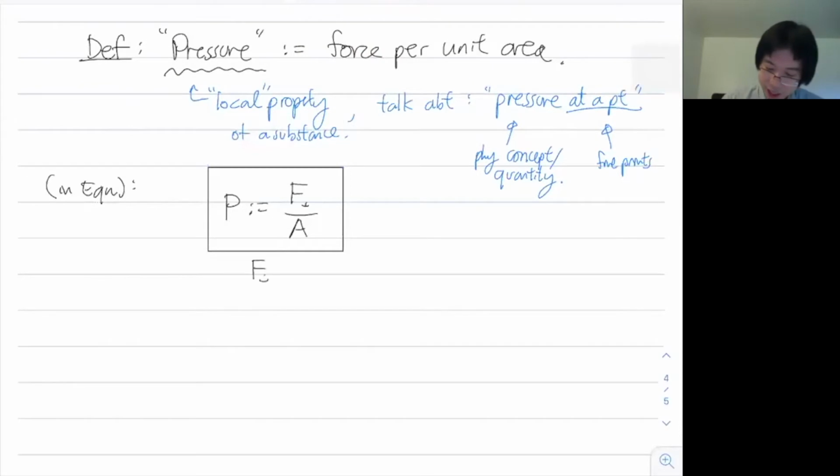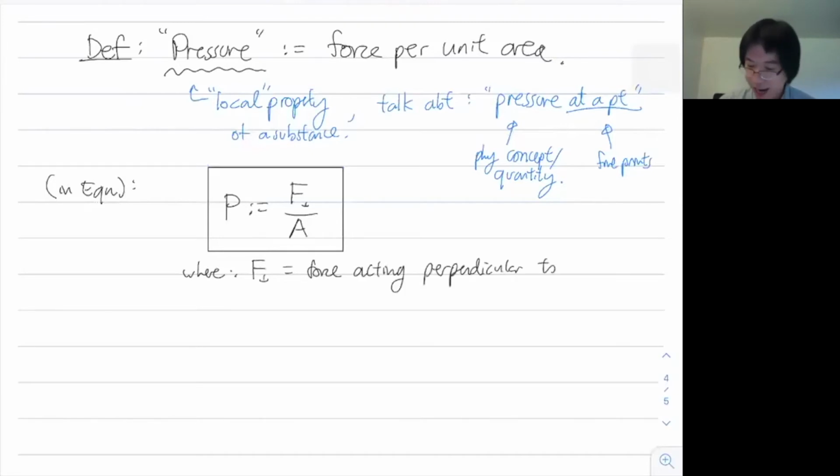This is actually the force acting perpendicular to that area. So that's a perpendicular symbol, right? Like an inverse T. So force acting perpendicular to the area. And A is obviously the area, P is obviously the pressure on that area.